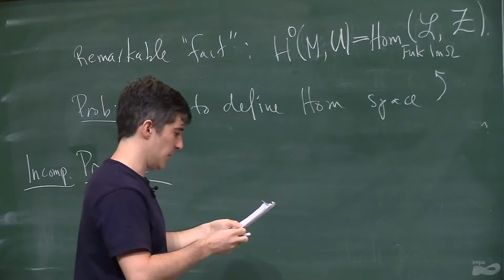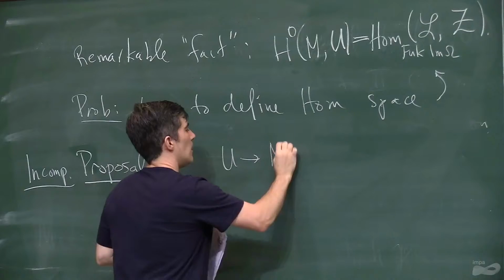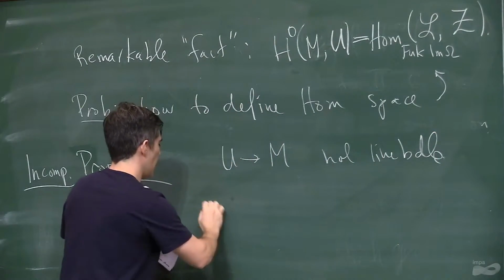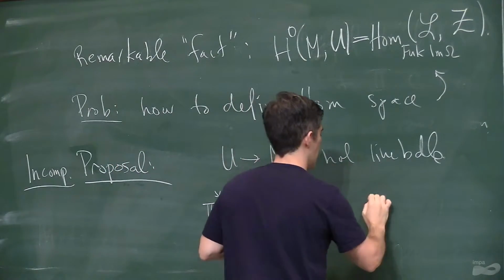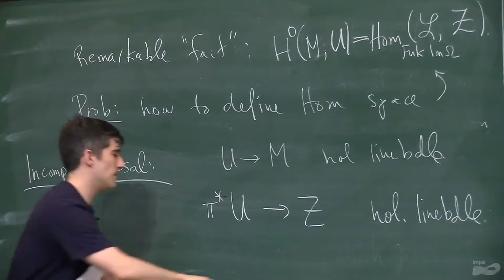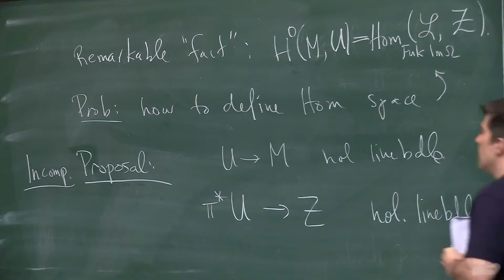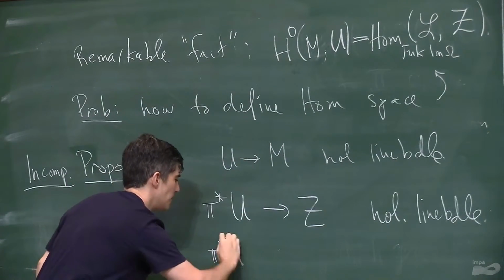So let me explain. U is a holomorphic line bundle. So what I can do is pull U back to Z, and I get a holomorphic line bundle on Z. And U came with a connection, so I can pull back the connection.